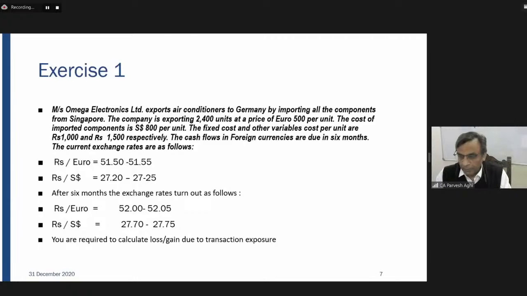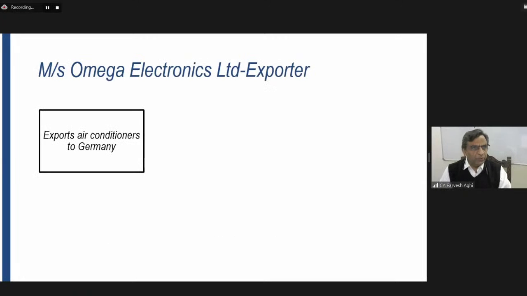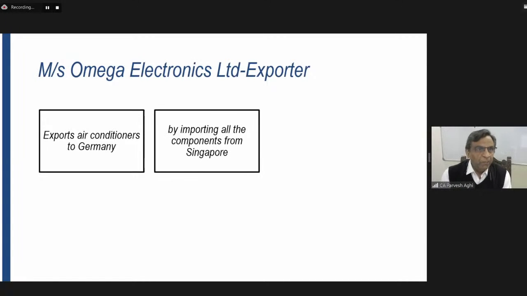So let's just revisit this question once more. Omega Electronic Limited exports air conditioners to Germany. So what is he doing? He's exporting air conditioners to Germany by importing all components from Singapore. So his revenue comes from Germany, but his cost, inputs, raw material come from Singapore.